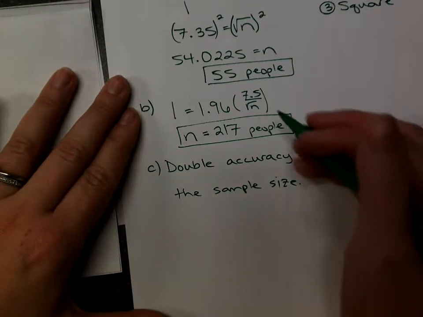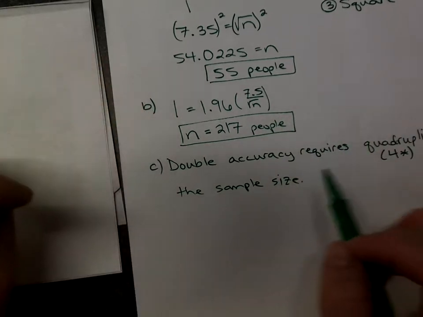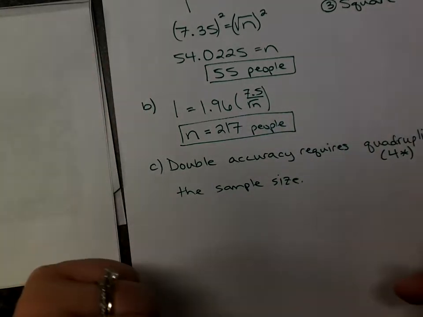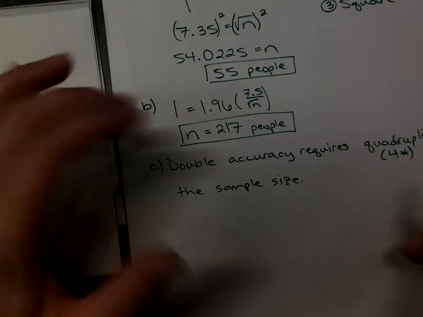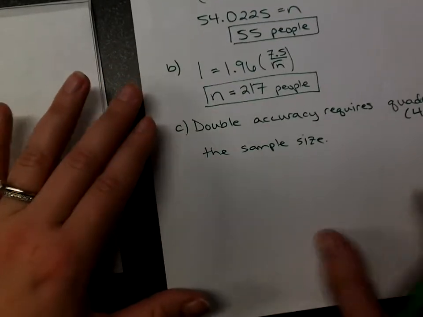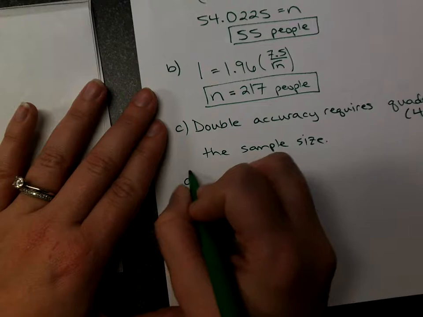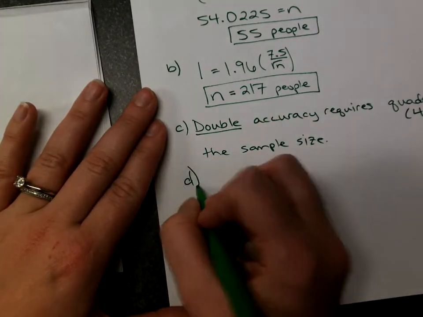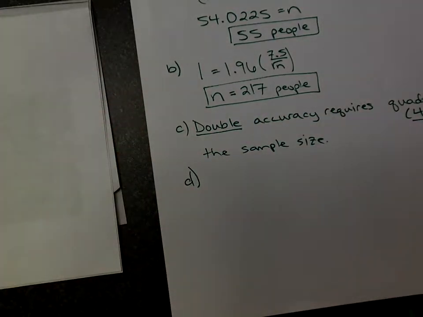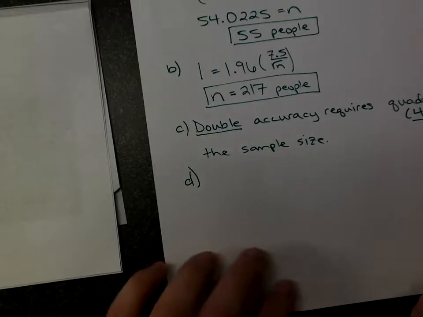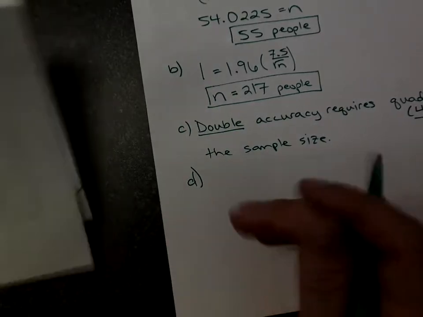And that's because of the square root feature. So to double it, you need 4 times as many. If you want to triple it, you need 9 times as many because of the square root in the formula. So if I want to be twice as accurate, I need 4 times as many people. Alright, that was part C.